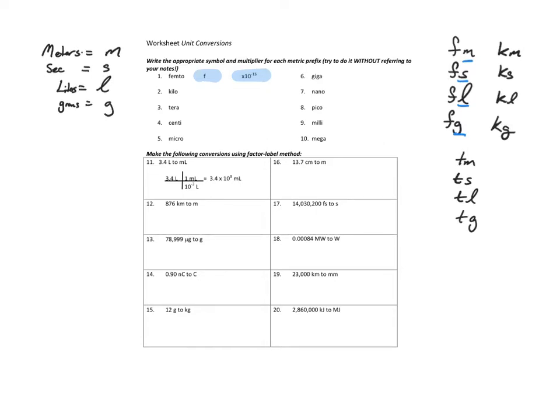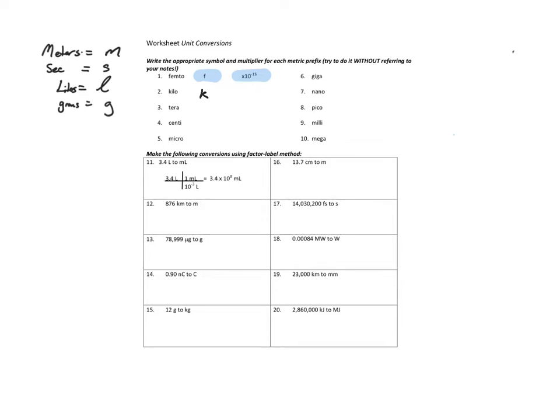Centigram, centiliter, et cetera. So all these could have different prefixes. The prefixes mean some kind of factor.